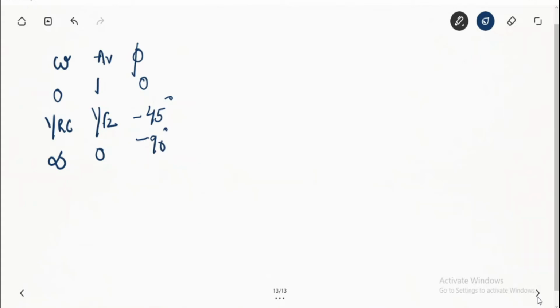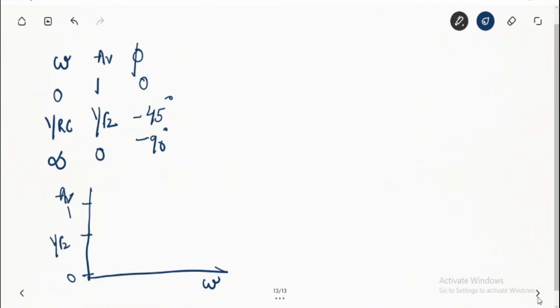Now if I plot the graph between the gain and omega, I will plot AV here and omega here. So this is 0, this is 1 by root 2, and this is 1.